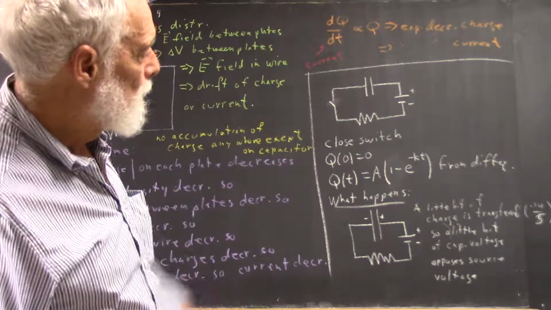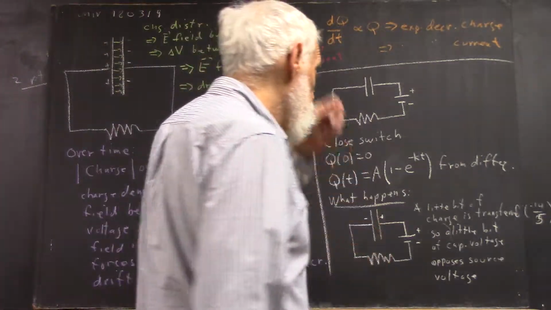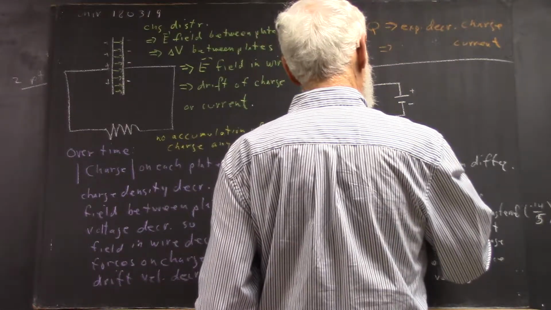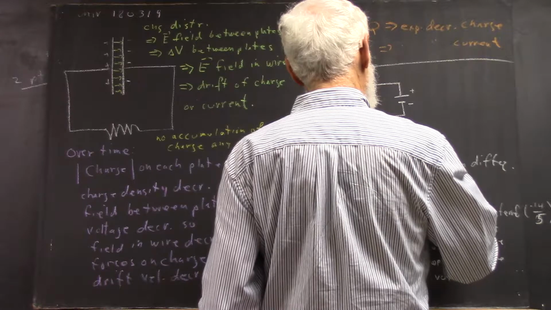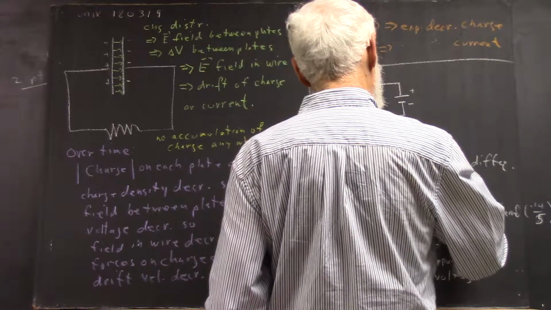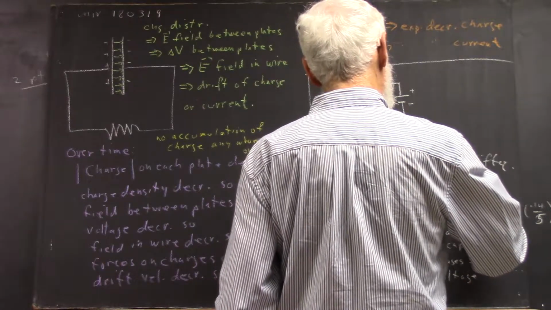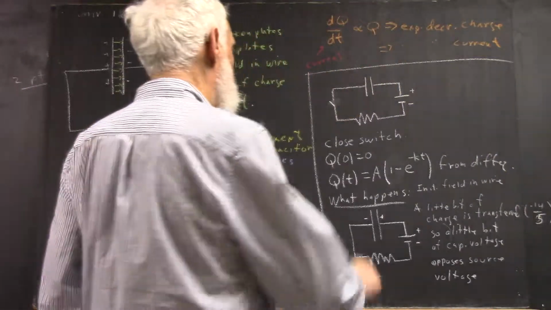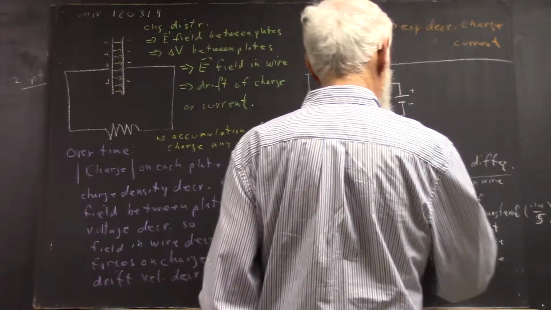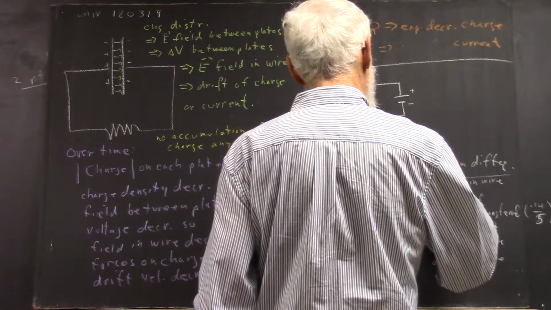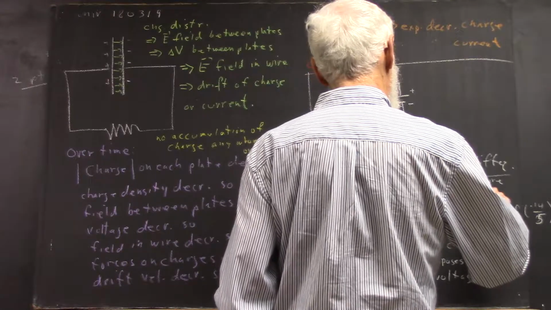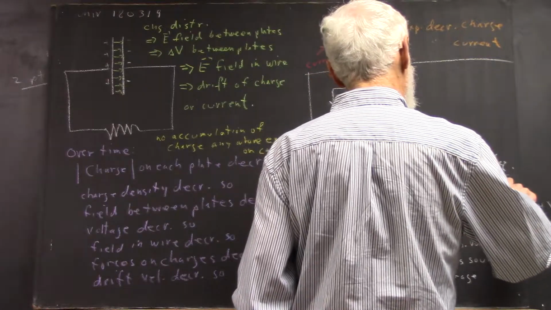Now, let's think about what that means. Really, what you start with is the initial field in the wire, which is due to the source voltage, right?